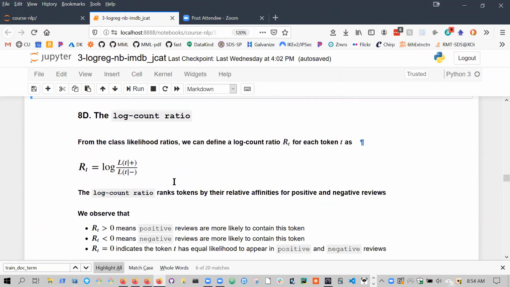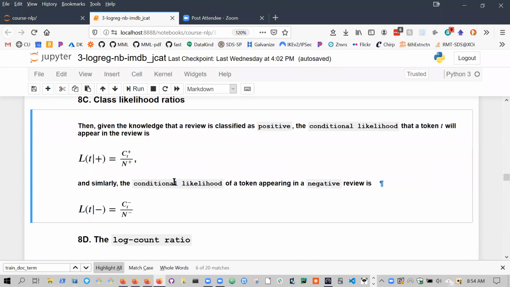So when you say likelihood of a term t given positive review, likelihood in which review, positive or negative? The first one says likelihood of t given that the review is positive. So this bar means given that, and then plus means the review is positive.